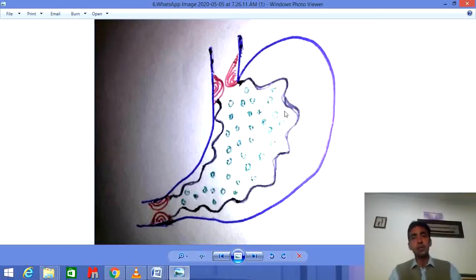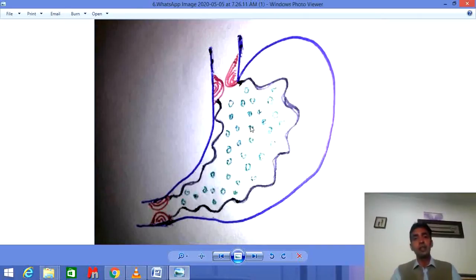The internal cavity of the stomach is called gastric lumen. The surface of the gastric mucosa is composed of small pores, and these pores are called gastric pits.